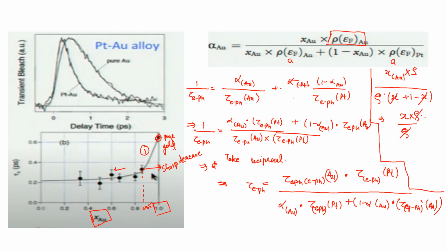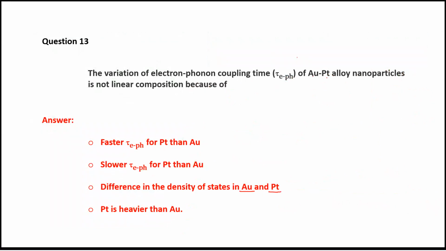And further these two get cancelled, and the value of alpha is equal to x. The condition where this thing is varied is only when the density of states of the two is not equal. So this is the reason for the variation in the electron phonon coupling time from that of the linear composition.